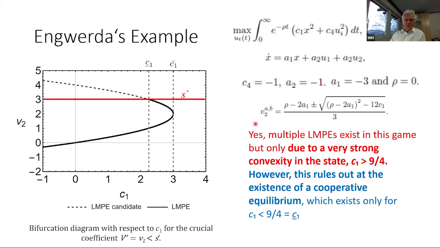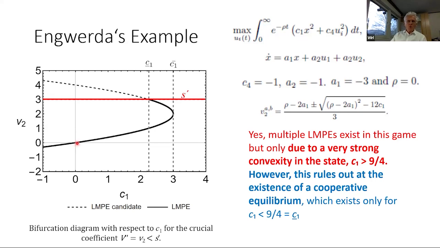Okay, so in this example, we can compute the coefficient of the second order term of the value function. And below on the left-hand side, I plot a bifurcation diagram. So you see, as expected, as long as C1 is negative, which in this case means that the objective is strictly concave, of course, the equilibrium is unique.